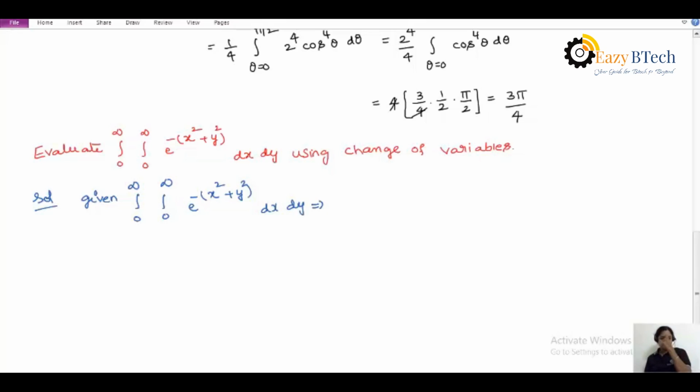Then we may take the first limits as y or second limits as y, because there is no variable limits here. Then y is equal to 0 to infinity and x is nothing but 0 to infinity only.